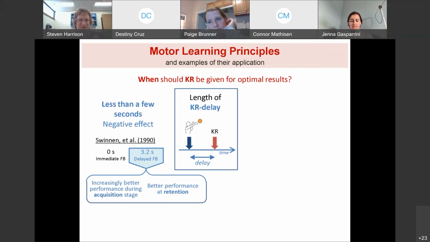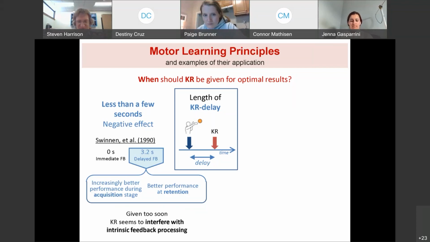So this research suggests that if you want to see better performance at retention, giving a little bit of a delay between the finishing of the action and the feedback is going to have some positive consequences, and we'll touch on some of the theory of why that might be the case.